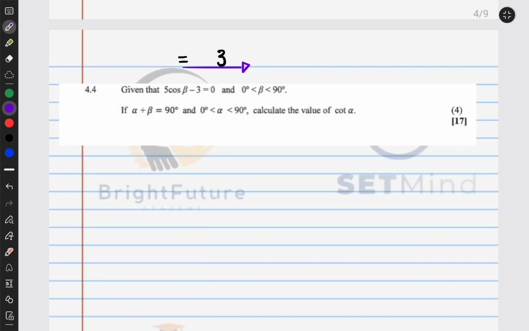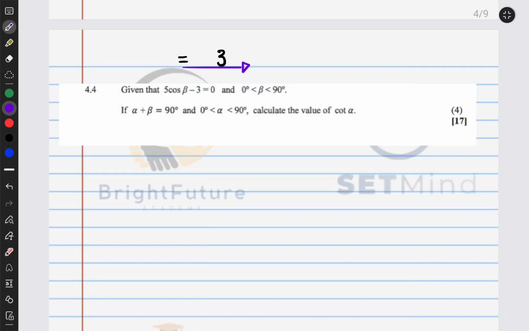If alpha plus beta is equal to 90 degrees, and alpha is also found between 0 and 90 degrees, calculate the value of cos alpha.